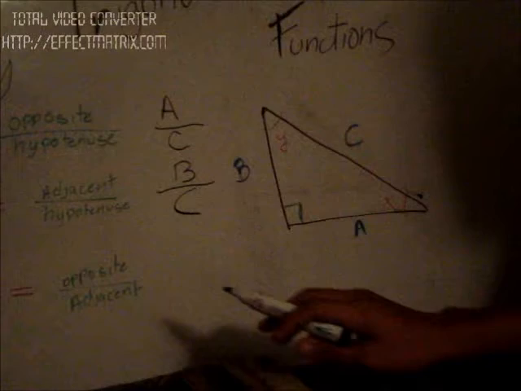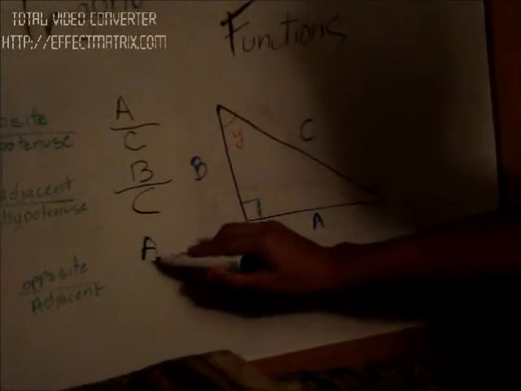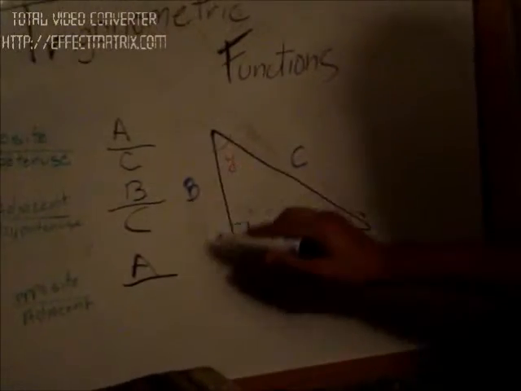And finally, the tangent is the opposite side, A, divided by the adjacent side, that is B.